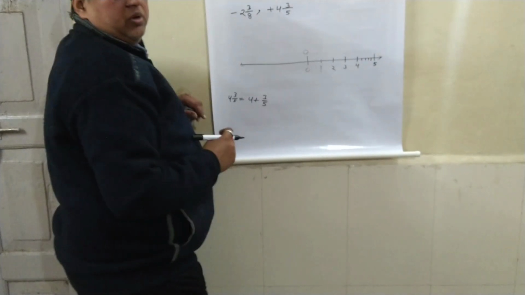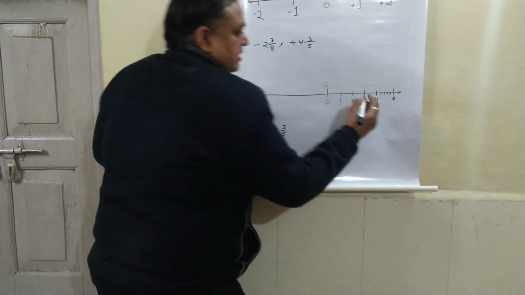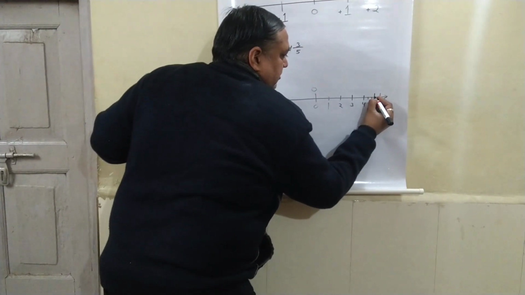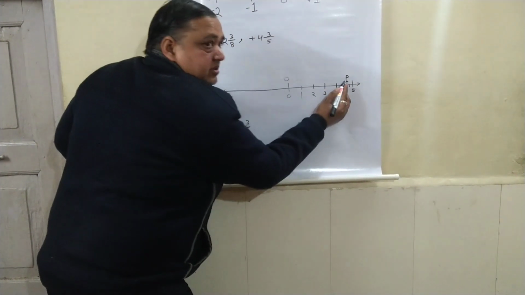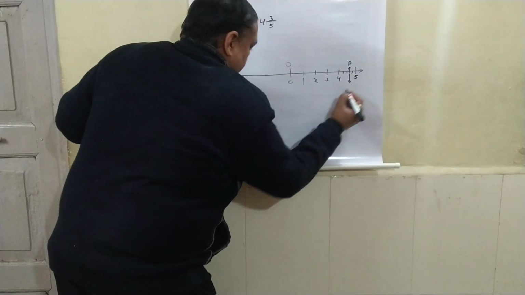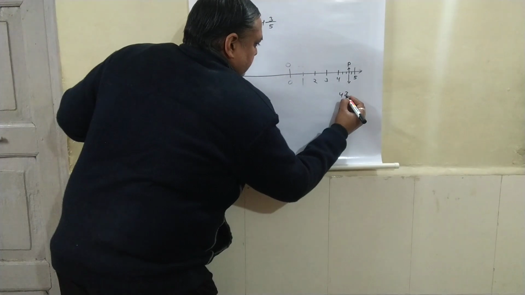Suppose these are 5 equal parts, and third part of these divisions 1, 2 and 3. Suppose this is point P. This point P will represent the number 4 3 upon 5.